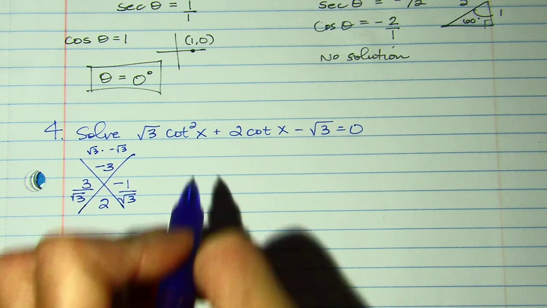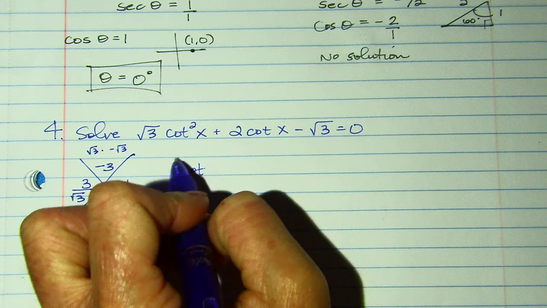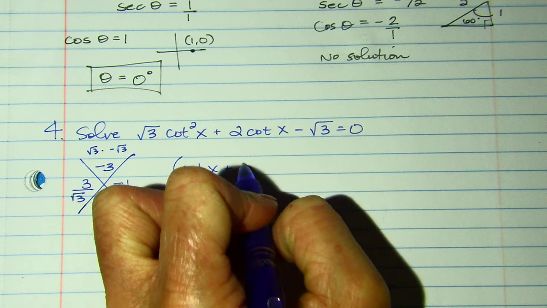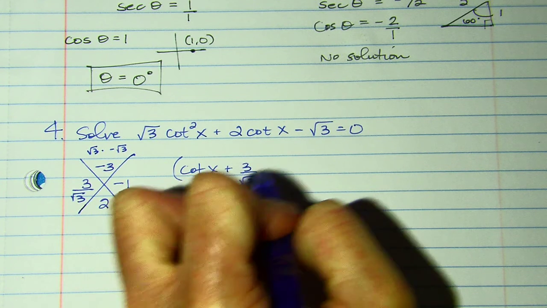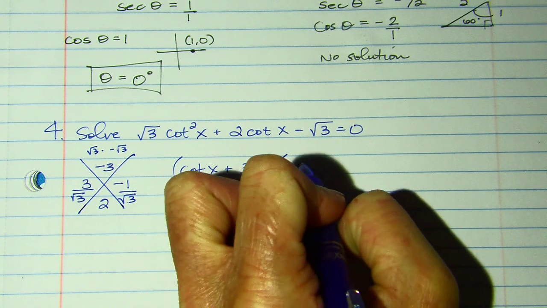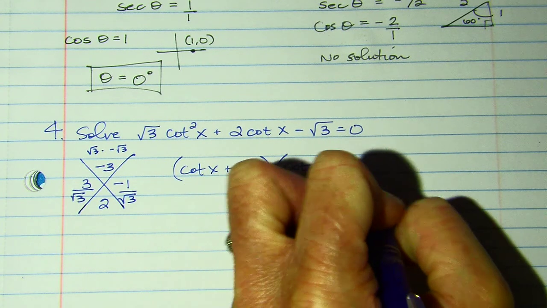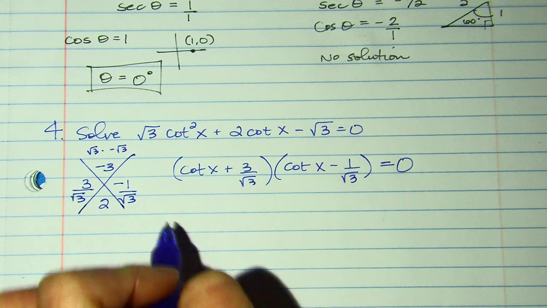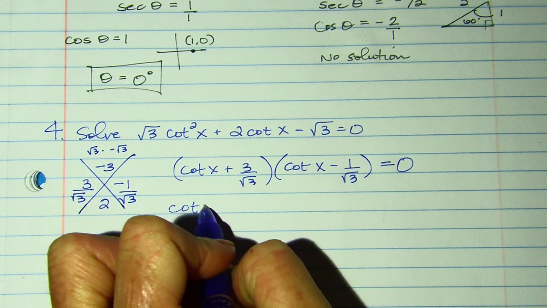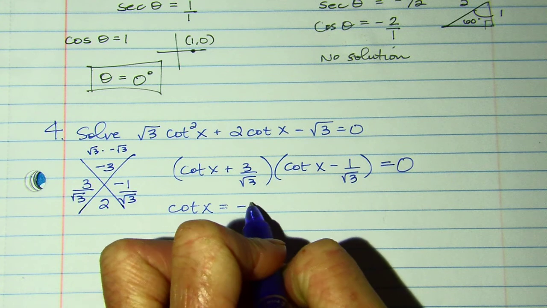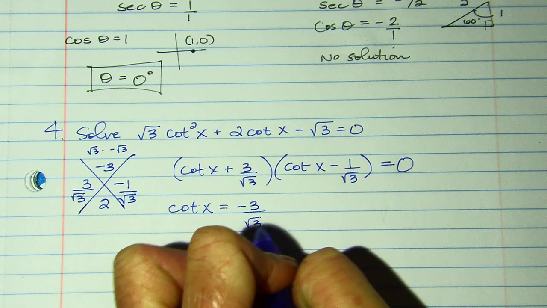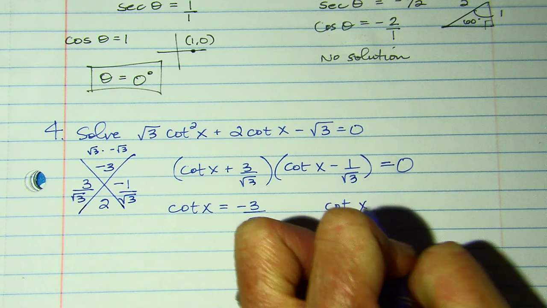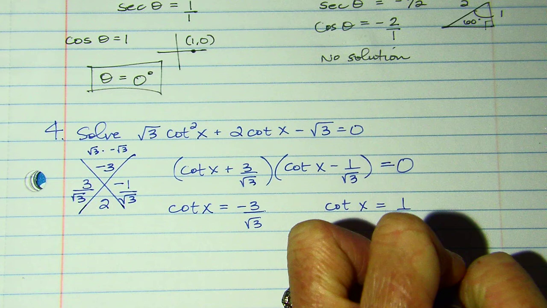So my factors are the cotangent of x plus 3 over root 3 times the cotangent of x minus 1 over root 3. And I'm setting this equal to 0, so now I'm going to set both of them. I'm going to subtract. So when does the cotangent of x equal negative 3 over root 3? When does the cotangent of x equal 1 over root 3?